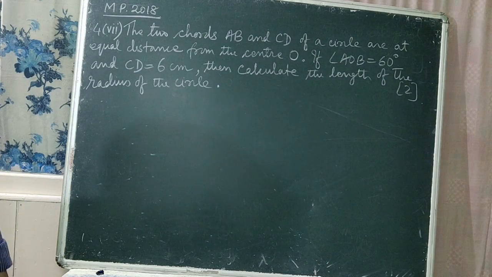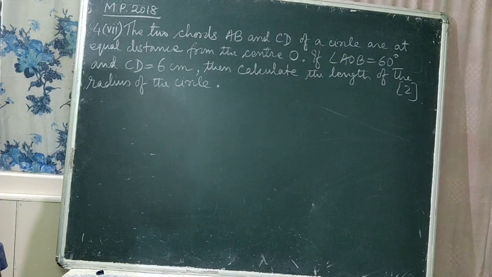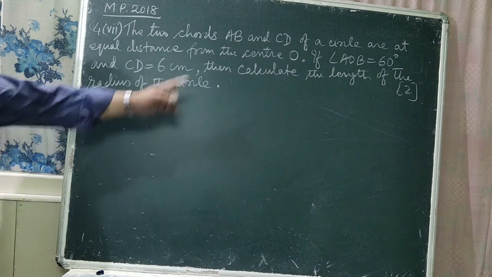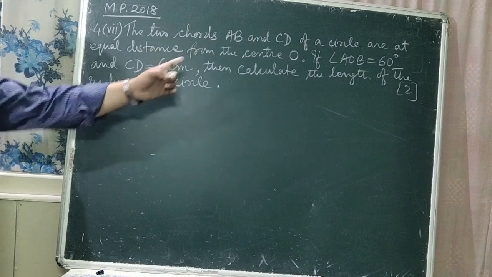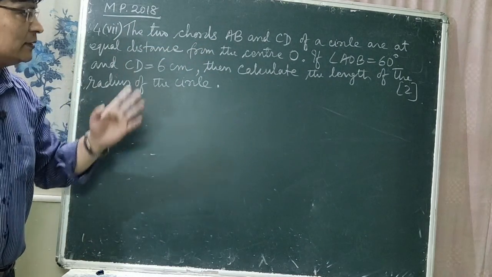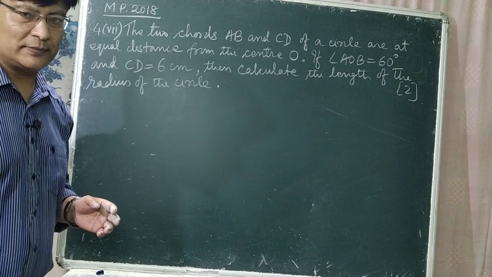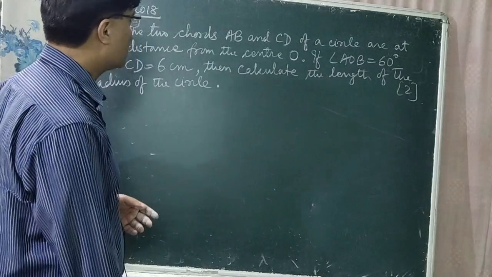The 2 chords are AB and CD, and they are at equal distance from the center of the circle. Okay, and O is the center of the circle here. So if angle AOB is equal to 60 degree, and CD is equal to 6 centimeter, then you have to calculate the length of the radius of the circle. Is that clear? So let us draw the figure here.